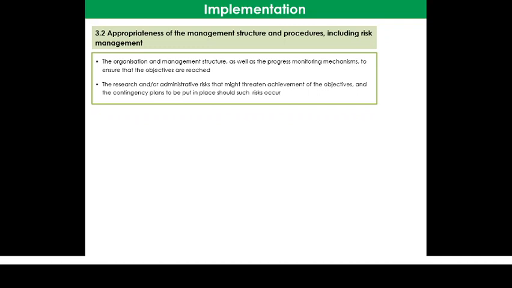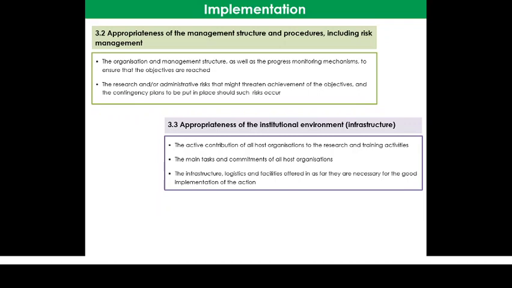Now, next is section 3.3, the appropriateness of the institutional environment and infrastructure. Here we look for information regarding the active contribution of all host organizations in research and training activities, and the main tasks and commitments of all host organizations, for example, the outgoing phase host, the return phase host, and the secondment host if it is included.